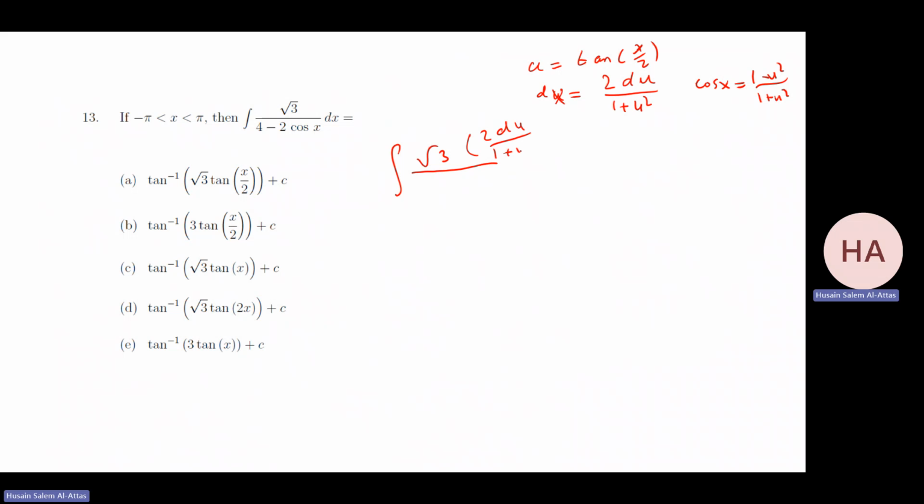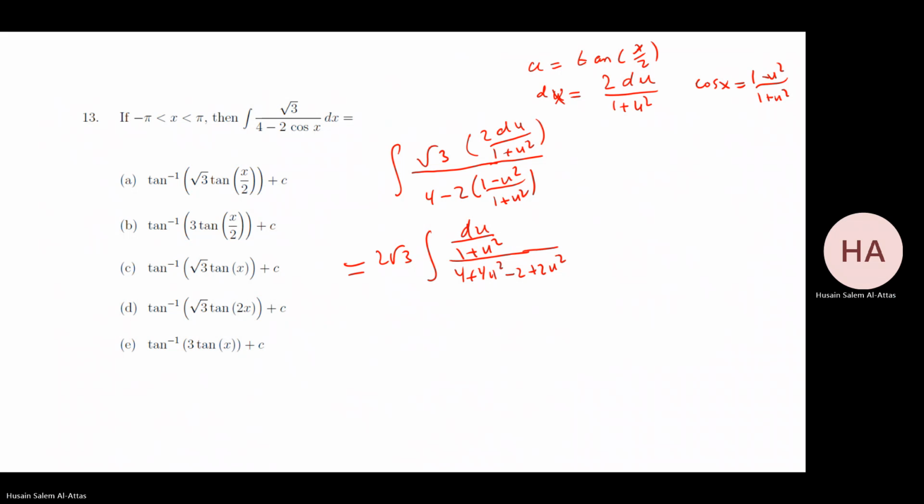That will be 2 du over 1 plus u squared over 4 minus 2 times 1 minus u squared over 1 plus u squared du. So everything in terms of du, I have 2 square root of 3. Take it outside. 1 du over 1 plus u squared. Here I have 4 plus 4u squared minus 2 plus 2u squared, du over 1 plus u squared.